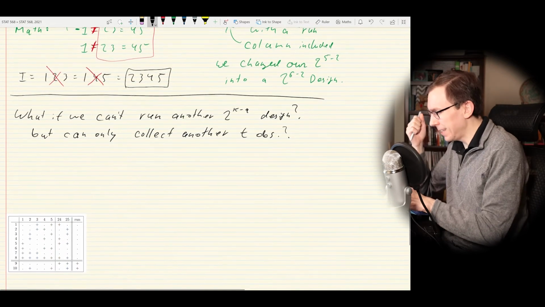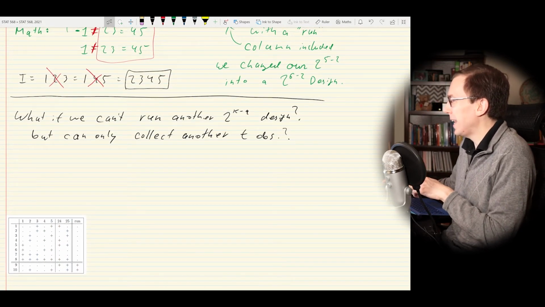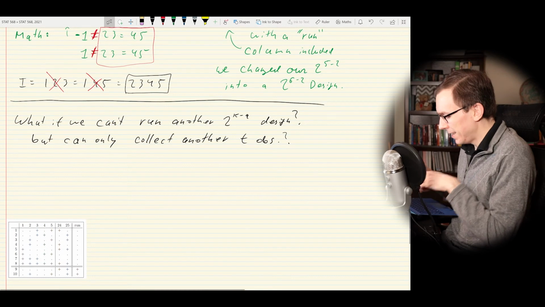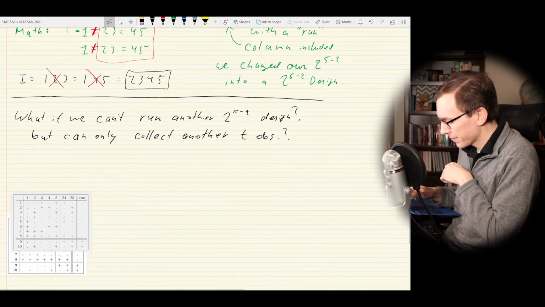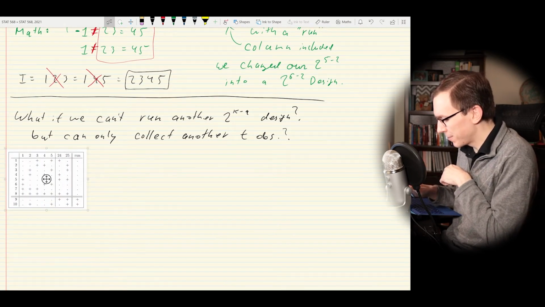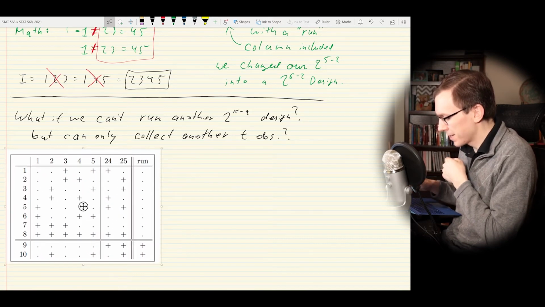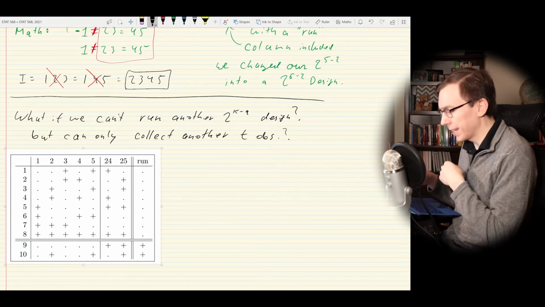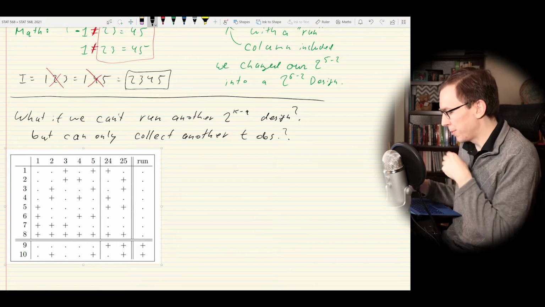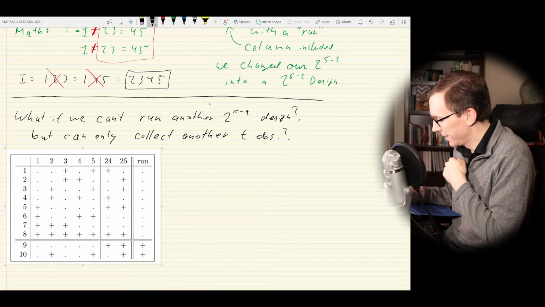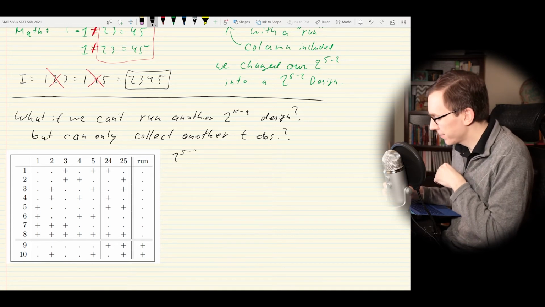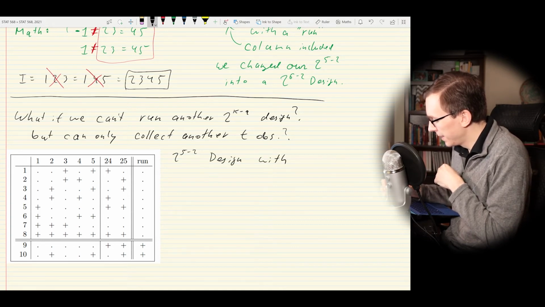The idea of this table is, let's say we had the design from before, this 2^(5-2) design, and we're told that we can go collect 2 more data points. So here we have a 2^(5-2) design with, let's say, t equal to 2.